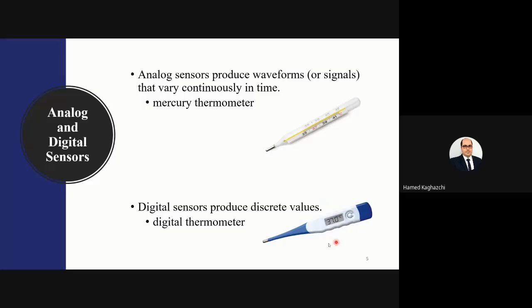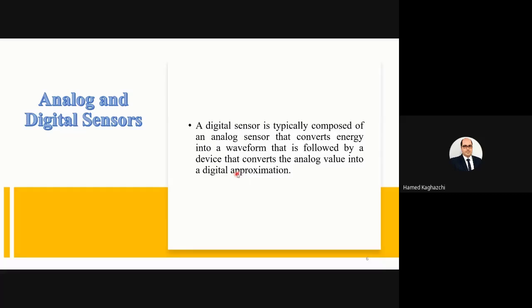Here I wrote these sentences: a digital sensor is typically composed of an analog sensor that converts energy into a waveform, followed by a device that converts the analog value into the digital approximation. I will talk about analog to digital converters.